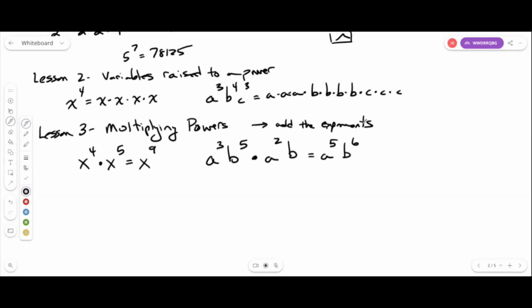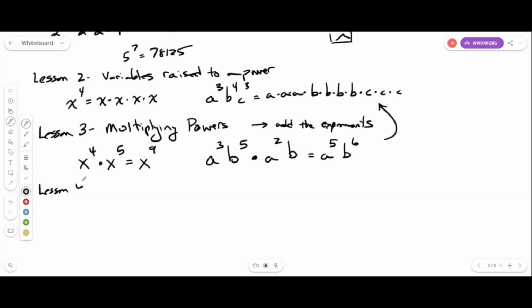Okay, so we're adding the exponents when we multiply. And again, this goes back to knowing that a to the third, b to the fifth was 3 a's and 5 b's, and this is 2 a's and 1 b. We put them together, we have 5 a's and 6 b's. We're adding those powers together.